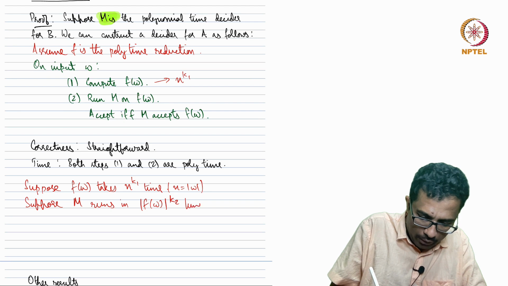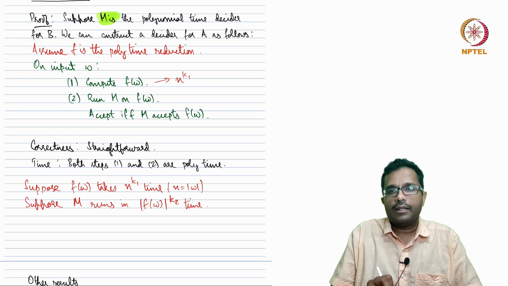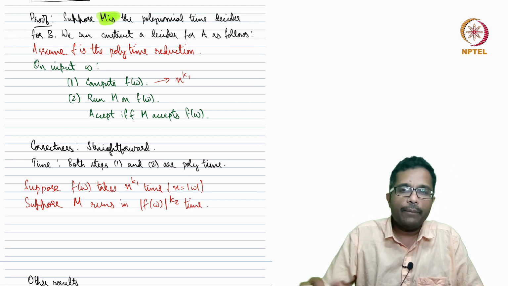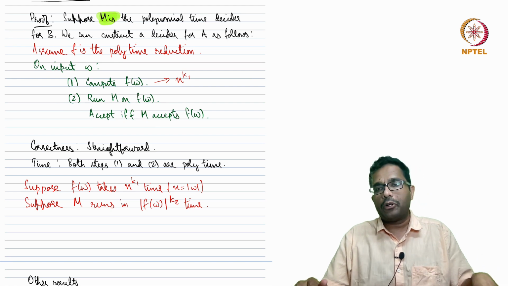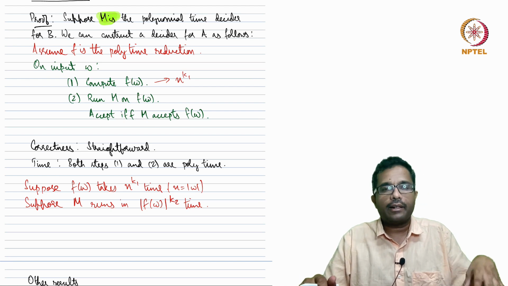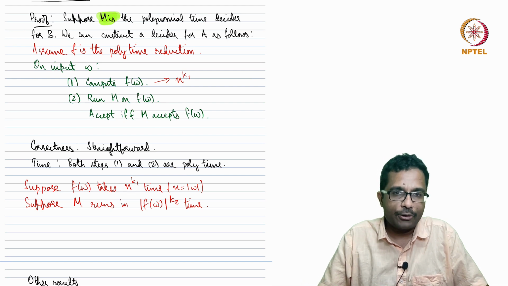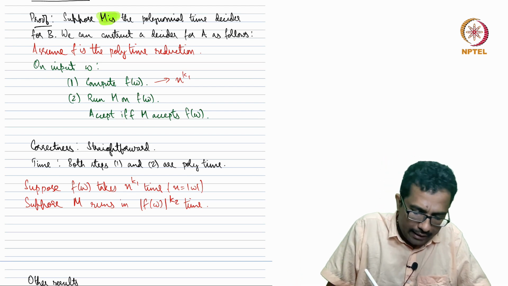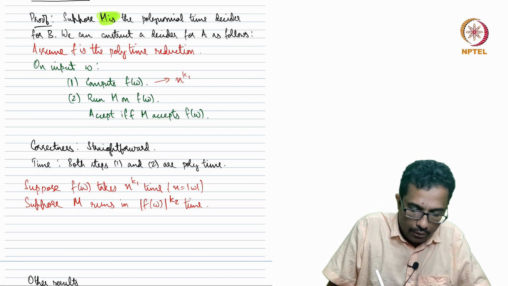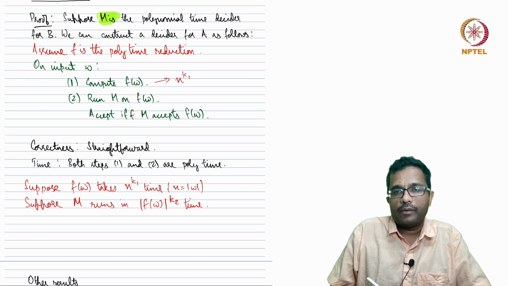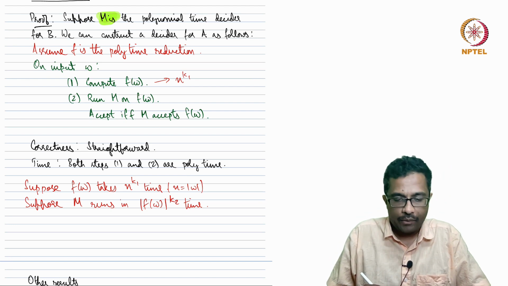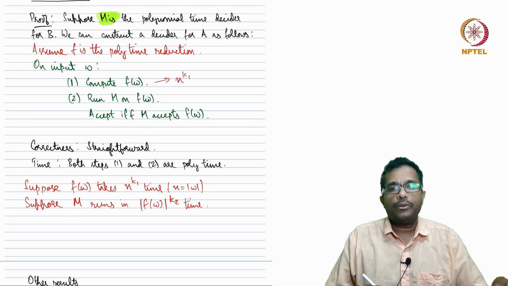So the input to M is f of W. Suppose the exponent of M is k2. We know M is a polynomial time Turing machine, so it will run in the length power k2 for some constant k2, right? But what is the length of f of W? We know only the length of W.